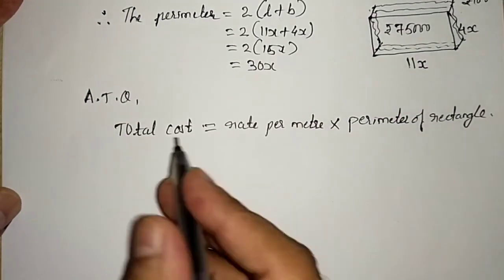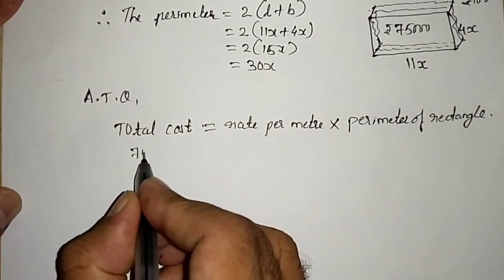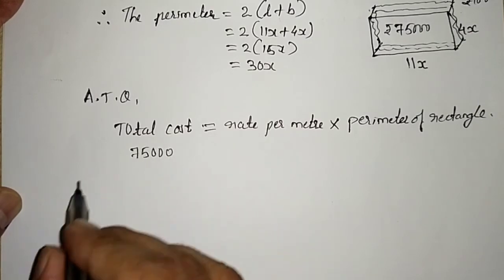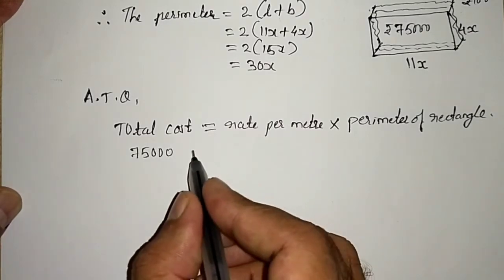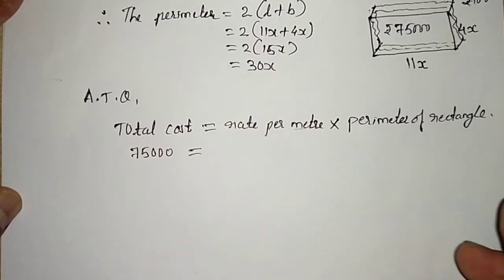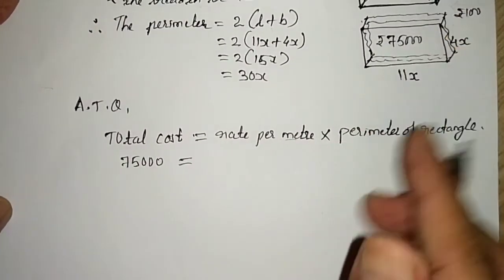And what is the total cost? They have given us total cost as rupees 75,000. What is the rate per meter? That is also given, it is 100 rupees.